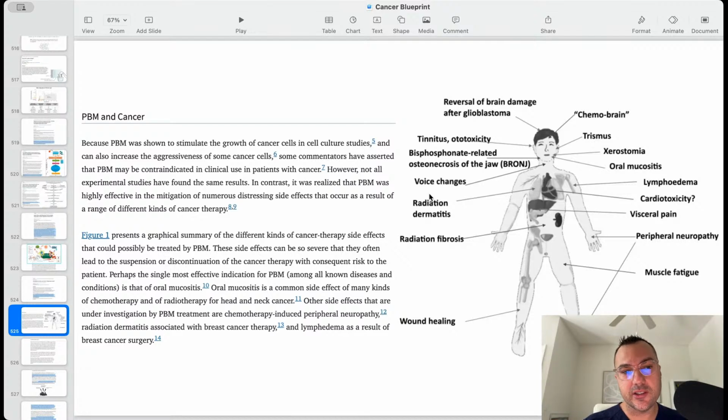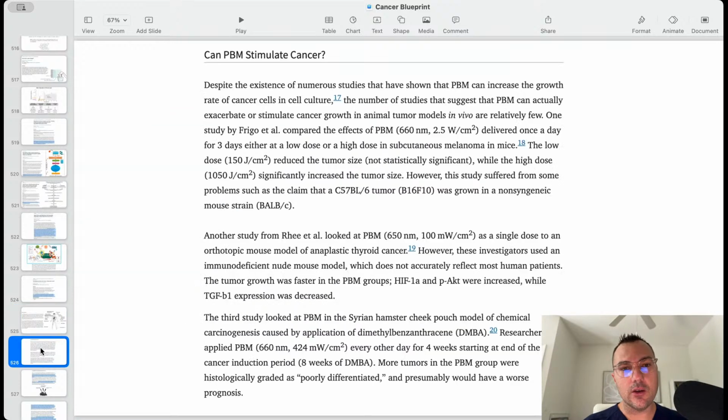Photobiomodulation has been shown and studied in many different models to show benefit. But I want to cut past that and look at what about photobiomodulation's effect on cancer, and where do we stand, right? So despite the existence of numerous studies that have shown PBM can increase the growth of cancer cells in cell culture, the number of studies that suggest that PBM can actually exacerbate or stimulate cancer growth in animal models in vivo are relatively few.